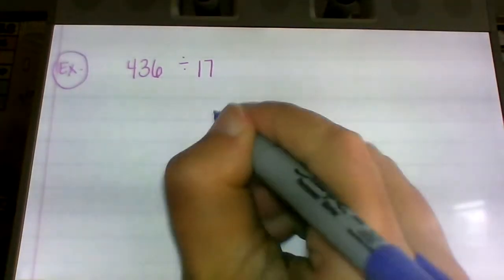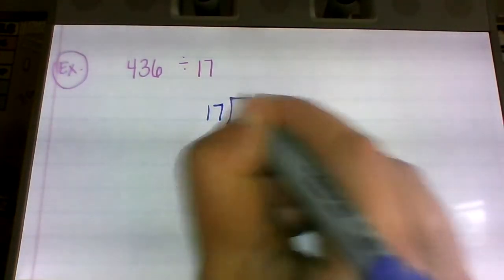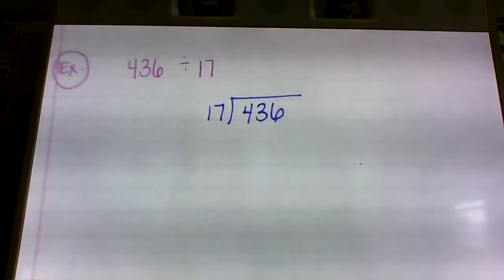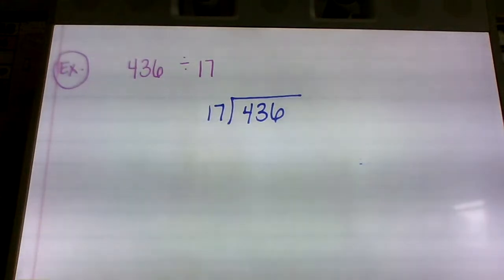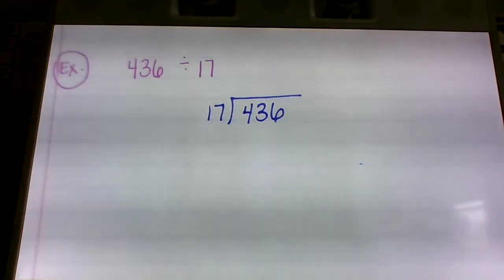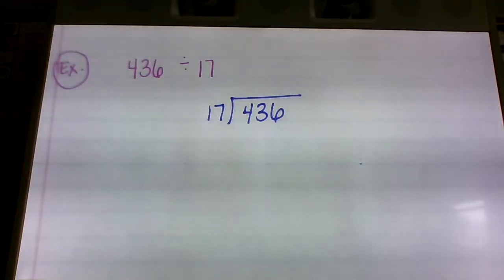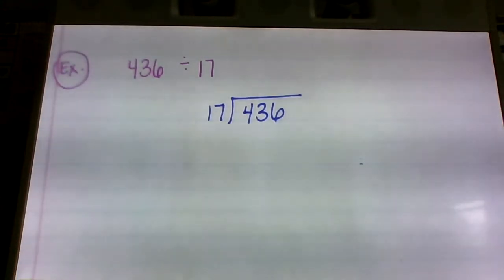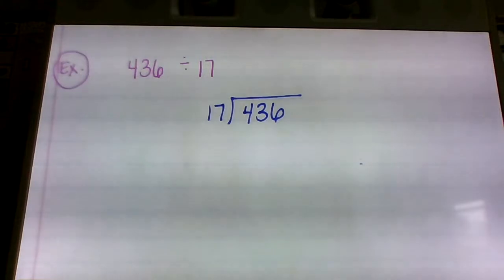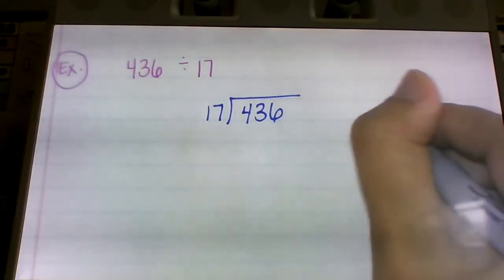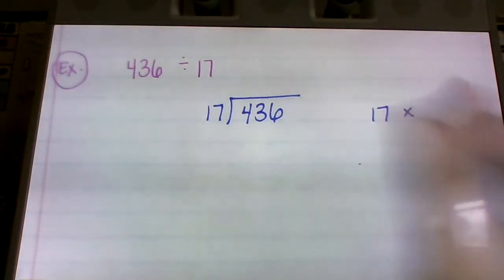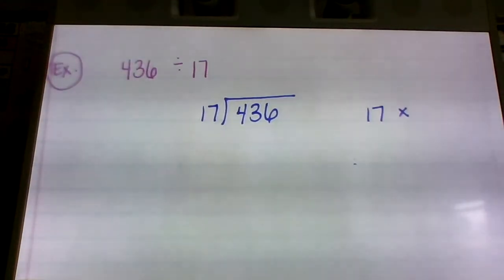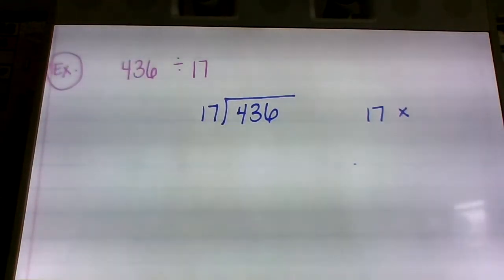So again, we'll set this problem up as a standard algorithm for division. The dividend goes under the house or under the roof, as some teachers like to call it, and the 17 is outside knocking on the door, ready to make groups of 17. So what I have my students do when we use partial quotients, we're going to multiply the divisor by a number that they know really, really well.